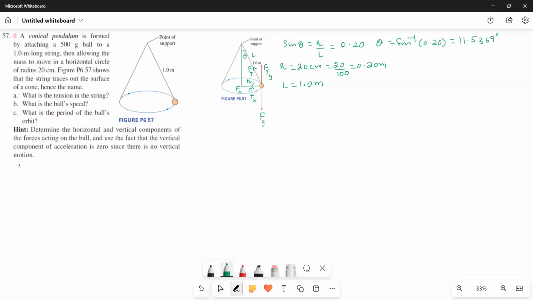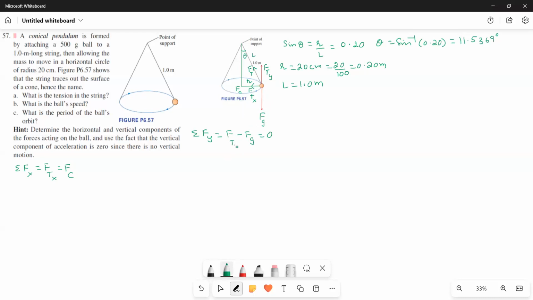Therefore, I will write sigma Fx is equal to Ftx is equal to Fc. Another one is sigma Fy. Sigma Fy is equal to Fty minus Fg is equal to 0, because there is no motion along the y direction.